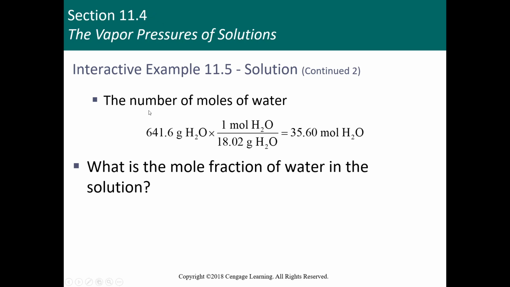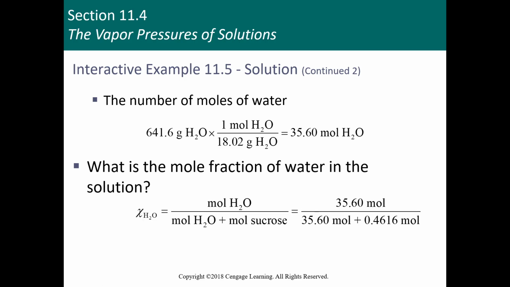So here you take your mass divided by molar mass. You then get your moles from that, 35.60 moles. What is your mole fraction? Well, again, it's going to be moles of what you're talking about divided by the moles of the complete solution. And so we're talking about water here. That was chi of water. Otherwise, you can go, well, I want the partial pressure of water, right?